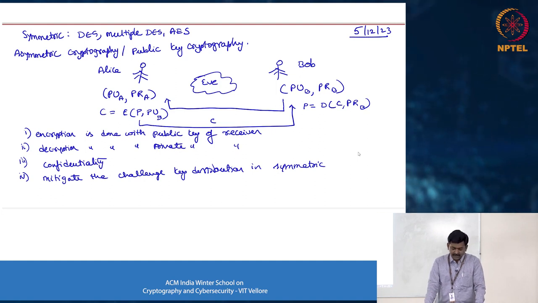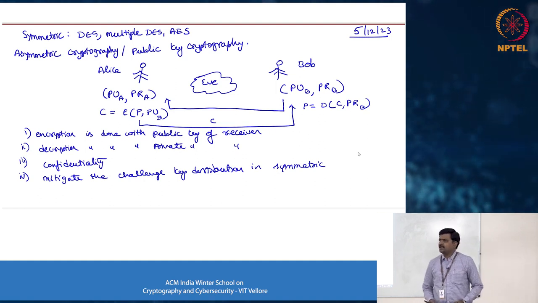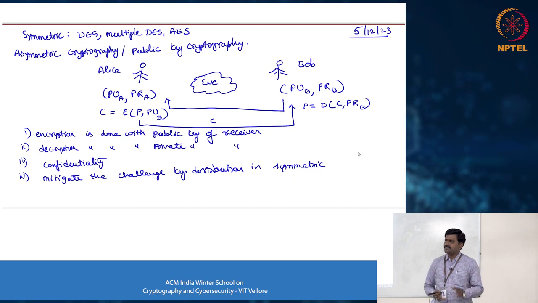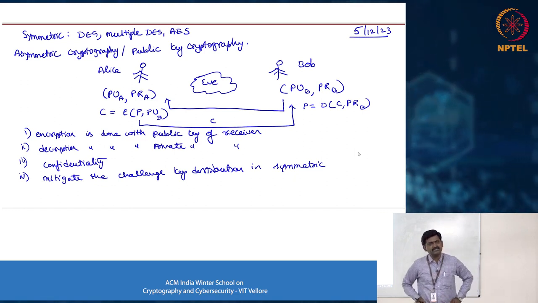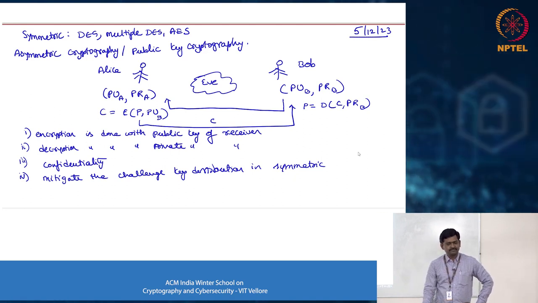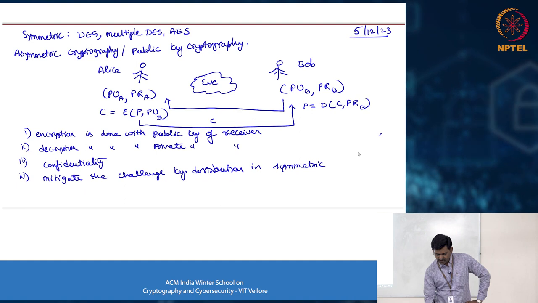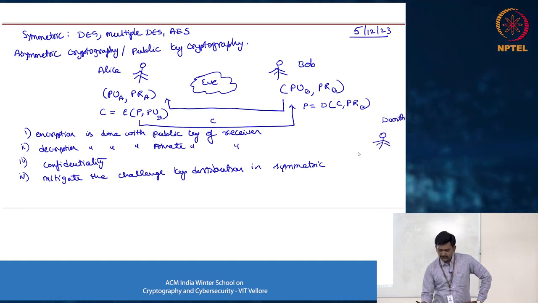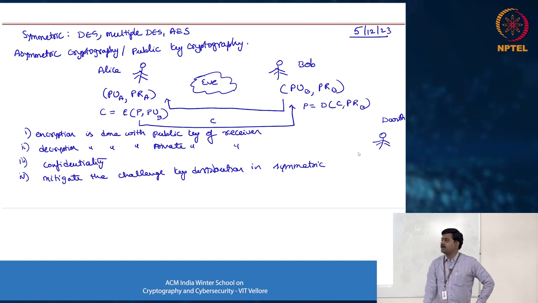Now in this case, take an example, Alice and Bob. Imagine there is one more guy called Darth. Darth wants to send a message to Bob. What would Darth do?